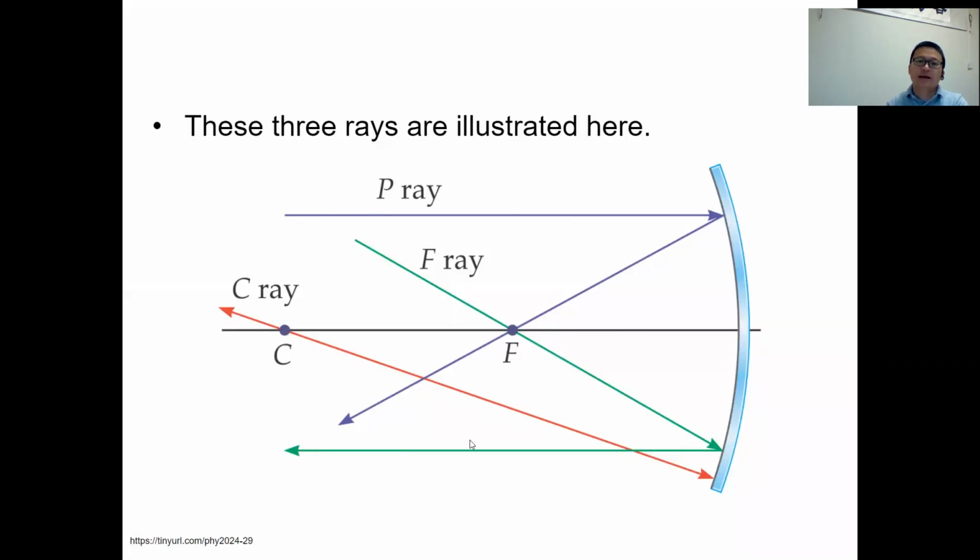So you can use those three rays, P ray, F ray, and C ray, to determine the image formed by a concave mirror. You can actually just pick any two of the three, and you will be able to find your image.